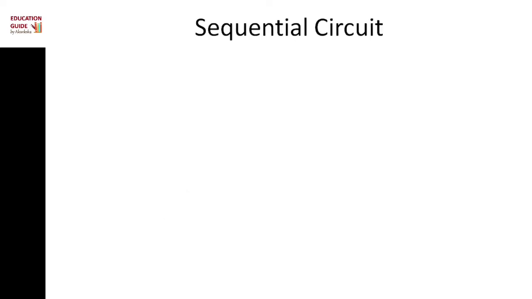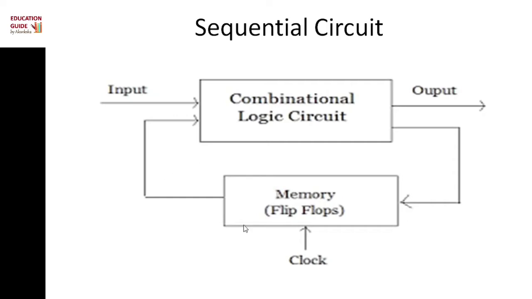What is sequential circuit? It is a block diagram of sequential circuit. Sequential circuits are those whose output levels at any instant of time depend not only on the level of present input at that time but also on the state of the circuit, that is, on the prior input level condition, meaning past input.